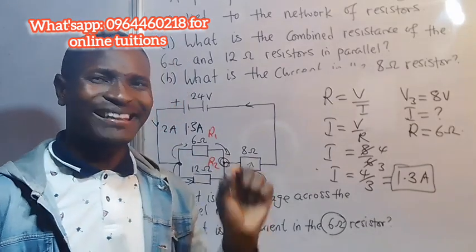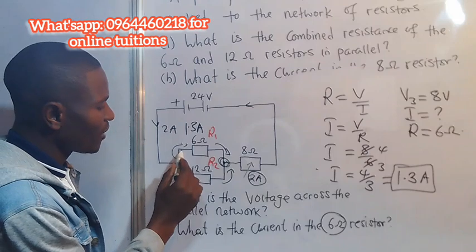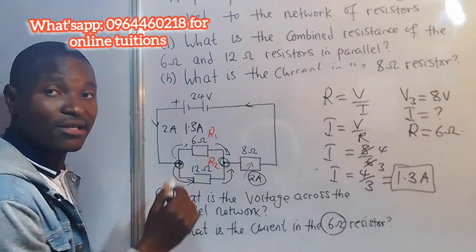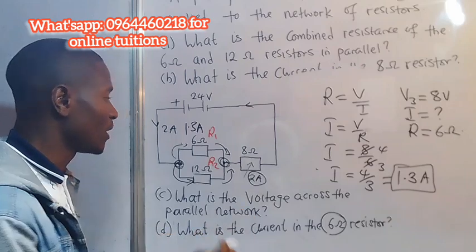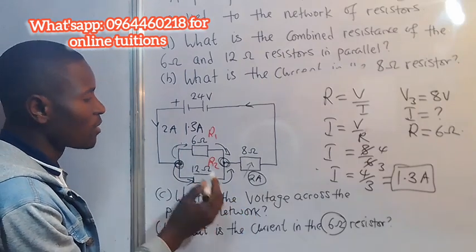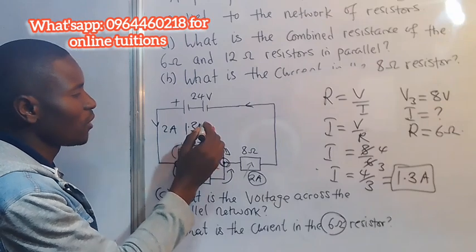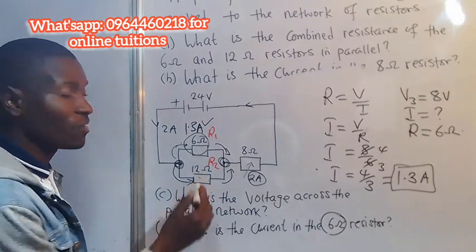Remember, Kirchhoff's junction rule is that when the current comes to this point, it is distributed based on the resistors that we have. So we have the 6, the 8, the 12 resistor. Now we know at this point we have 1.3 amps, and at this point, we don't know.